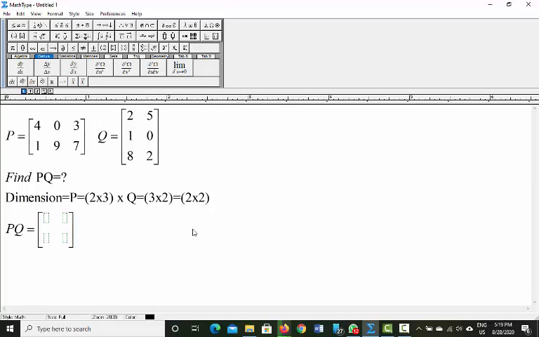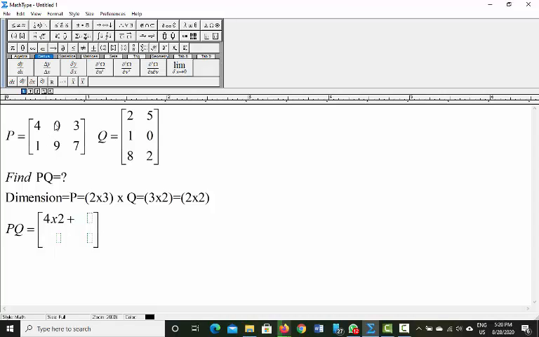It should be done element by element. So the first element is multiplied with the first element: 4 multiplied by 2, then plus.